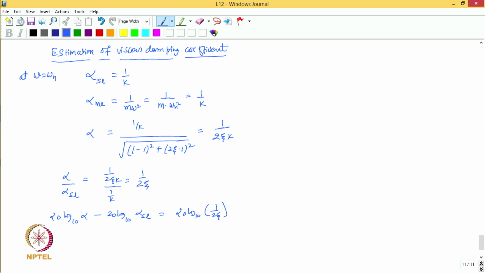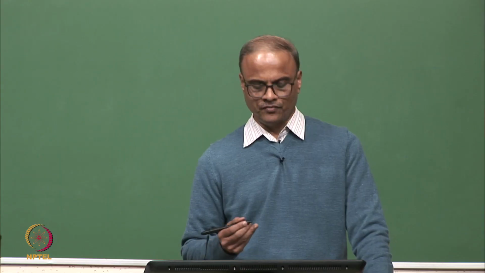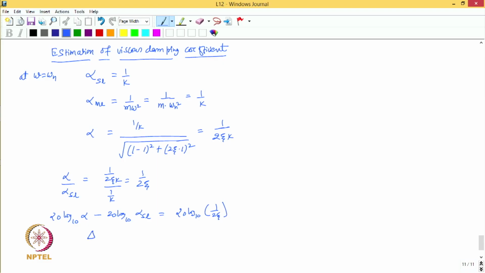And the left hand side basically represents the difference in the dB magnitudes of the FRF and the stiffness line. So, if I represent this by delta alpha, then I get the relationship delta alpha equals 20 log 10 1 upon 2 zeta, is it not.